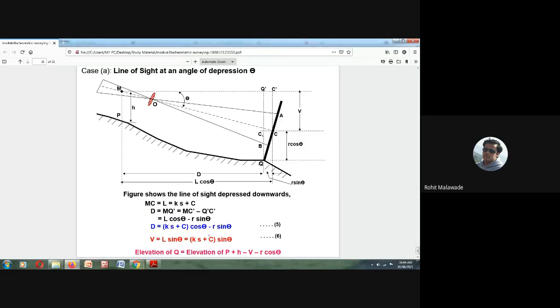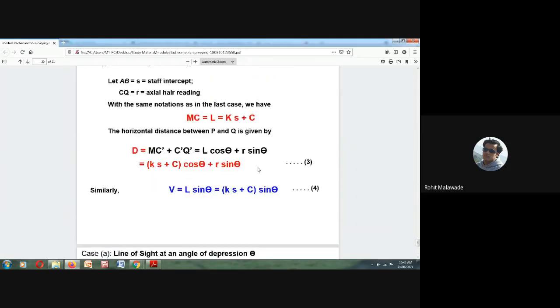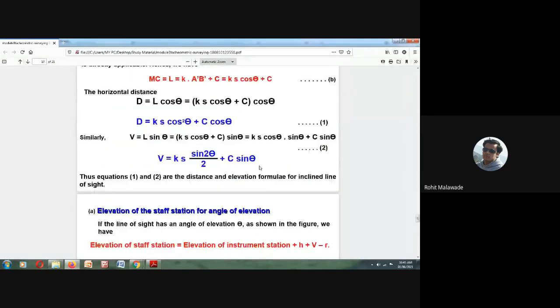If we want V, the vertical distance, it is (Ks + C) sinθ. For the elevation of Q, we take point P plus H, then minus V: the benchmark reading plus the height of the instrument minus V minus R cosθ. We will be using all these formulas in order to solve the problem.